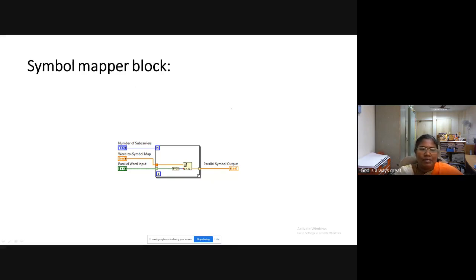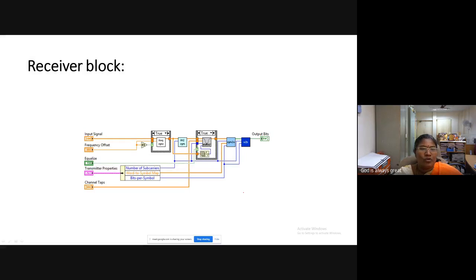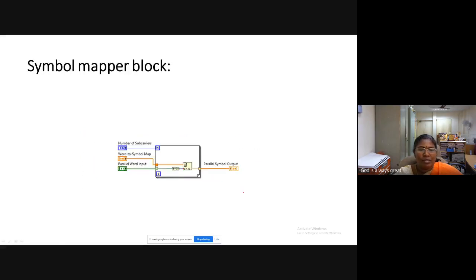For example, there is one bit to word converter, for which I have not taken up the flow diagram. I will just tell you what it does. Depending upon what type of modulation, the number of bits per word will vary.